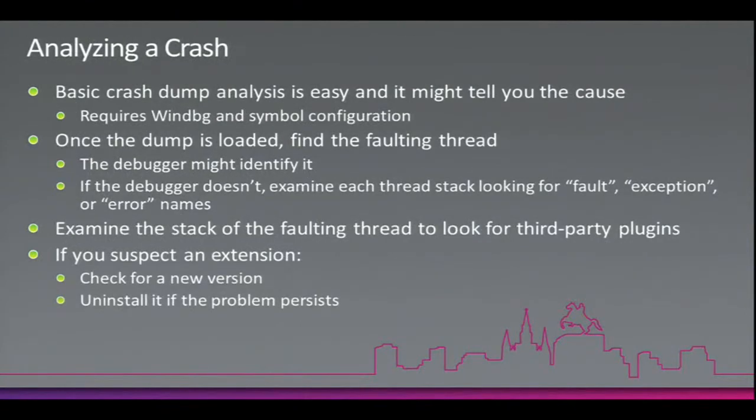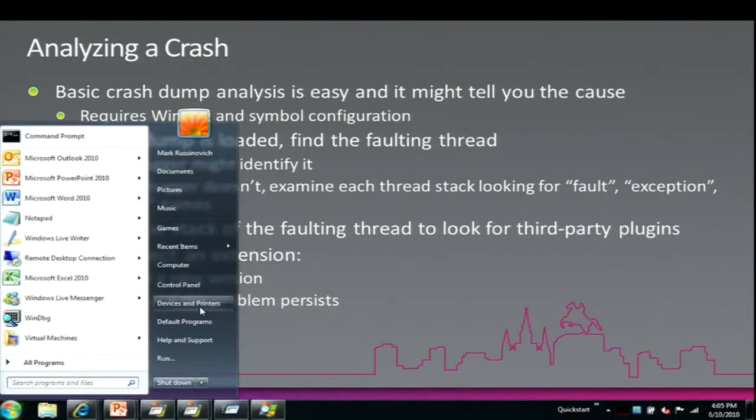Now that you know where the dump is, let's analyze the dump. That's the next step. What you do is use WinDbg, the Debugging Tools for Windows debugger. And your goal here is to find the thread that has caused the problem. The way that you're going to identify that is by looking at the thread stacks. Well, actually, let me show you. First thing you're going to do is to do a !analyze -v.